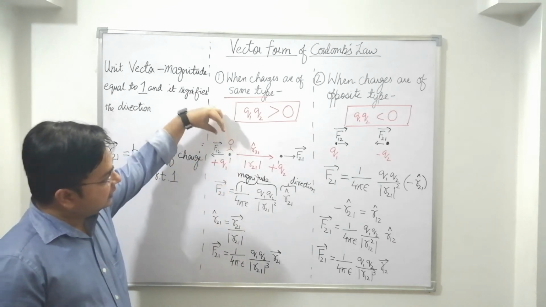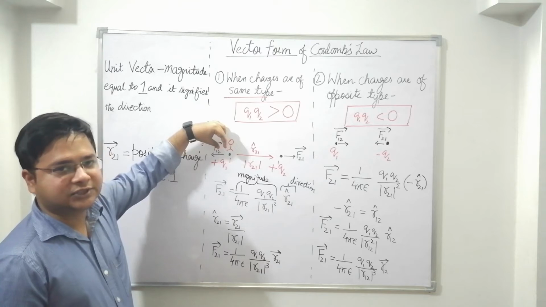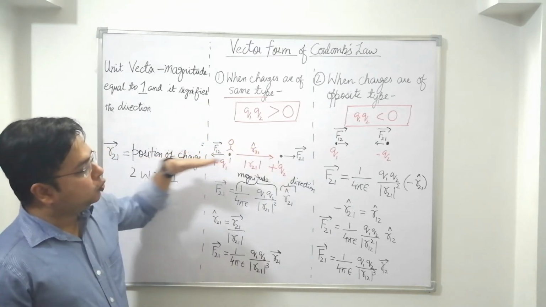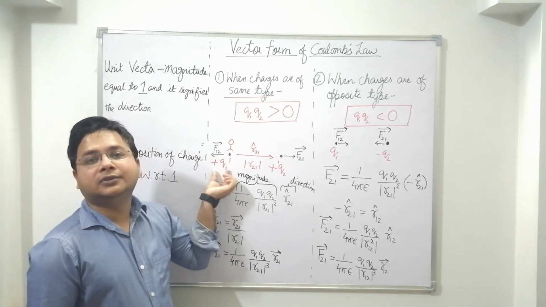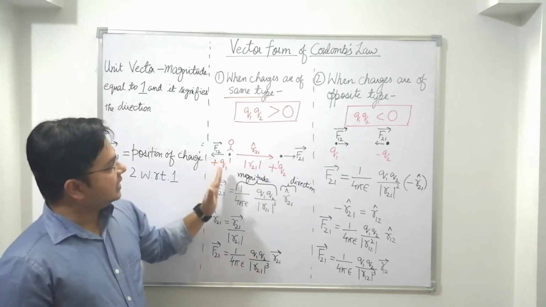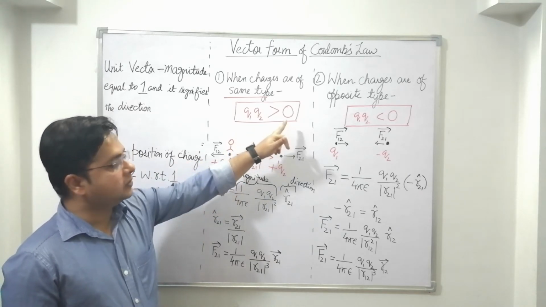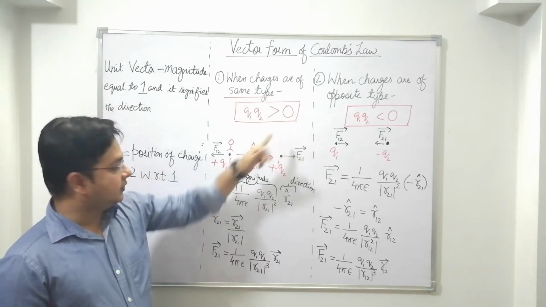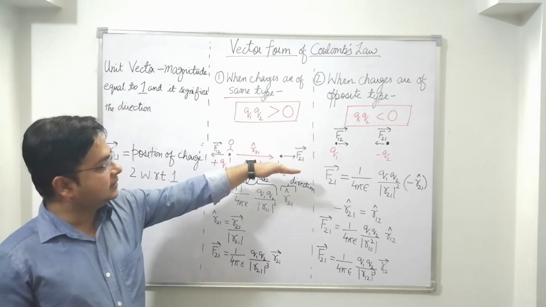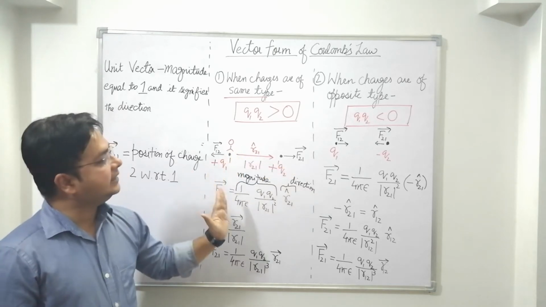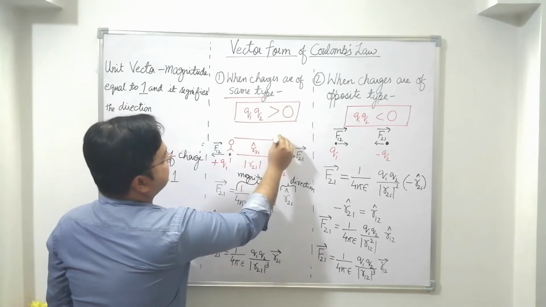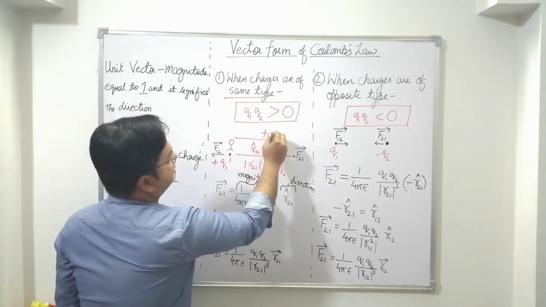So assume that you are placed on top of the first charge. In which direction will you find the second charge moving because of the electrostatic force of the first charge? So obviously these charges are of same type, because Q1 Q2 is taken here as positive. So the force will act in this direction, towards right. So towards right I have taken as positive. This direction I have taken as positive.